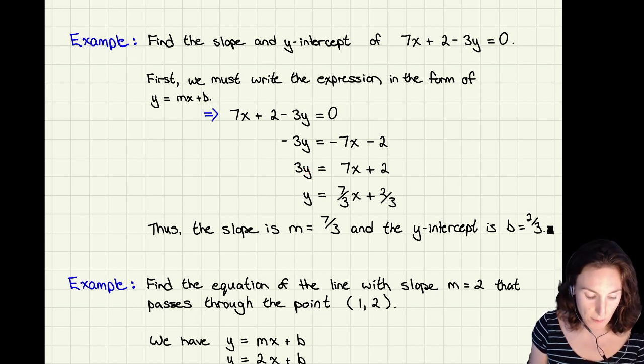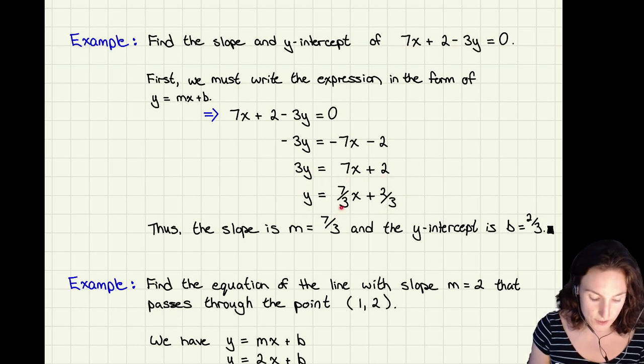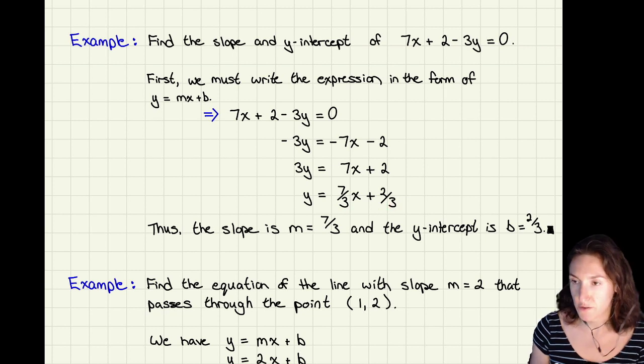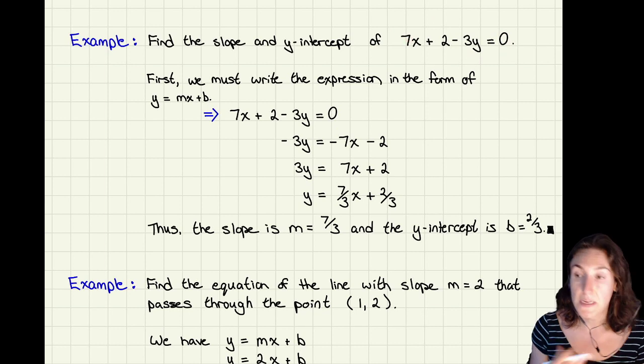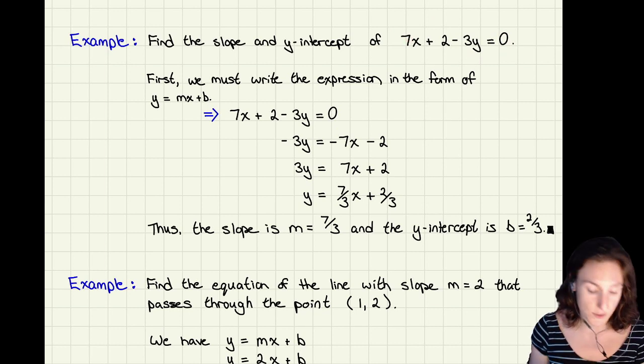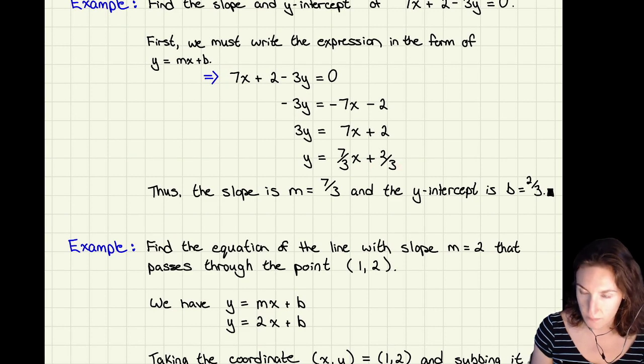And then to isolate for my y, I just have to get rid of this 3. So I have to divide everything by 3. And now the expression of my line is in the form where I can very quickly tell, oh, this is my slope, this is my y-intercept. But this expression and this expression mean the same thing. They are equivalent. It's just easier to read and understand this one.